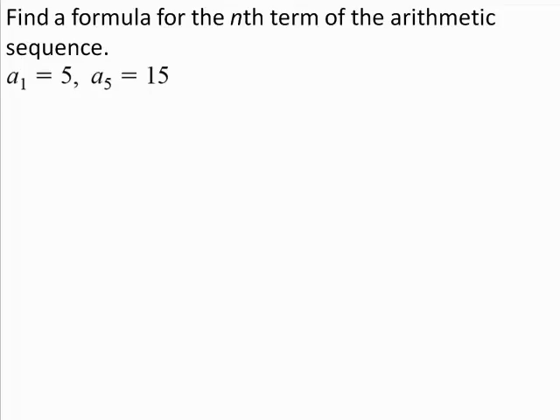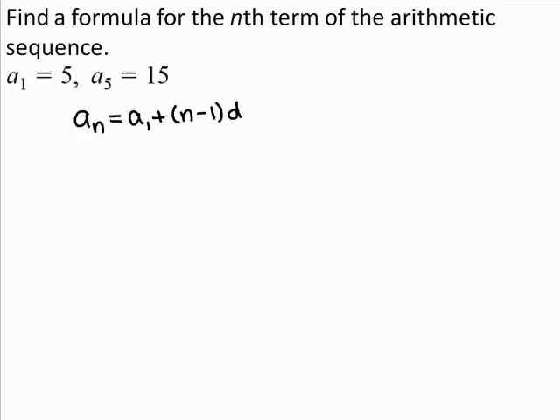Find a formula for the nth term of the arithmetic sequence. A sub 1 equals 5 and a sub 5 equals 15. To find a formula for the nth term of this arithmetic sequence, you first need to find the value of d. To do this, use the formula a sub n equals a sub 1 plus the quantity n minus 1 times d. You are given that the value of a sub 1 is 5 and that the value of a sub 5 is 15.